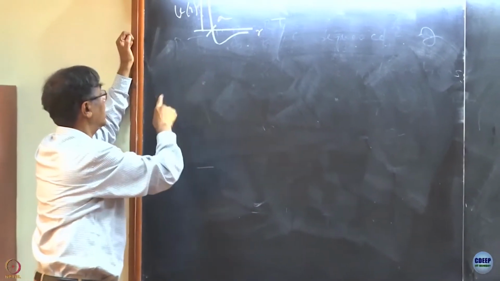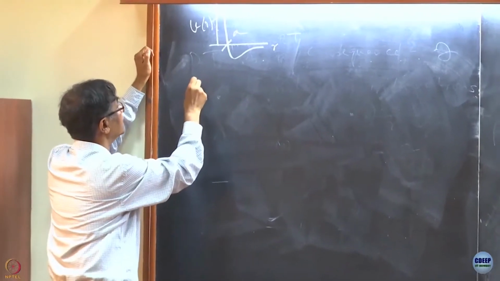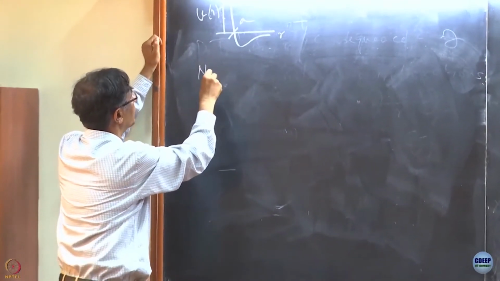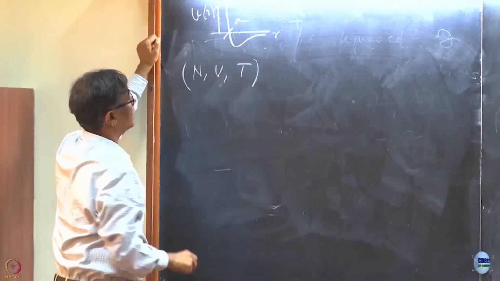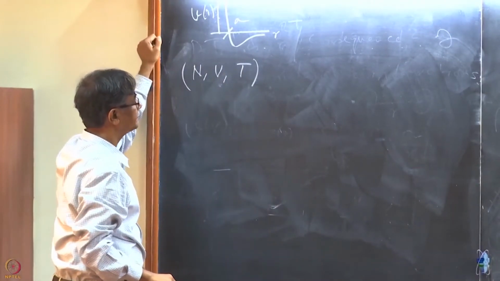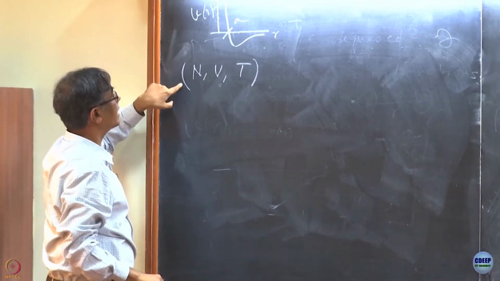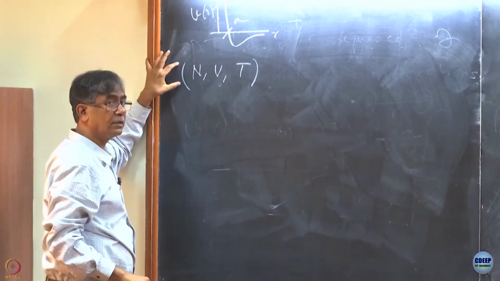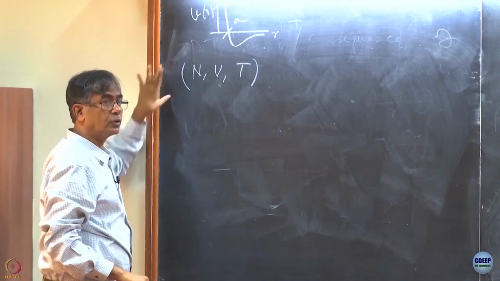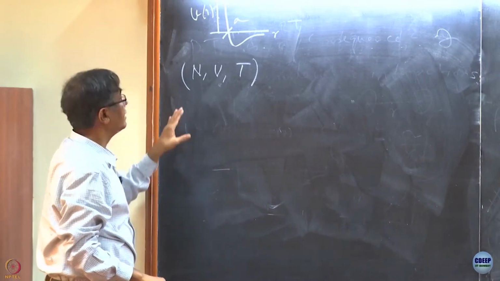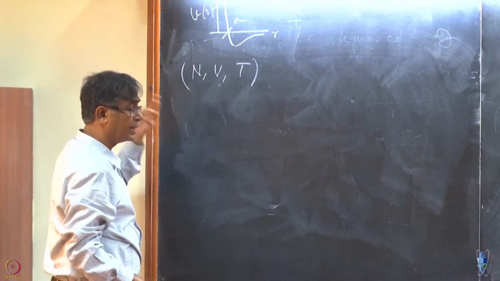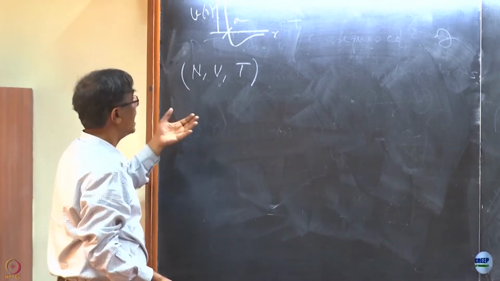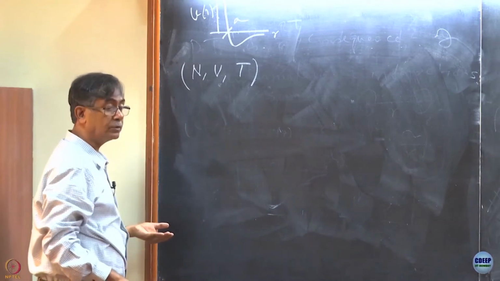Now, how do I start about it? I want to consider a number of molecules at volume V at temperature T. I want to work in the canonical ensemble, and now I want to calculate the partition function. Statistical mechanics tells me if I want to calculate free energy, or the equation of state, pressure versus density, I have to work in one of the ensembles.